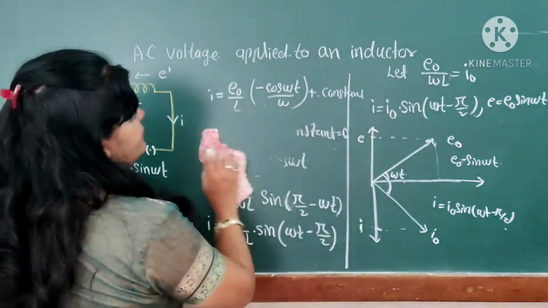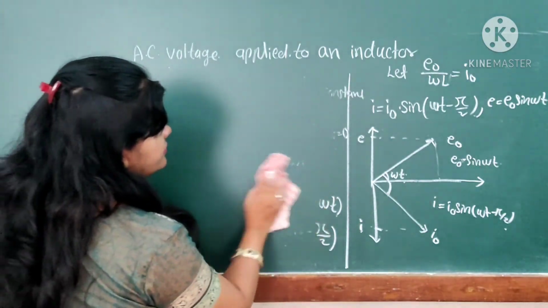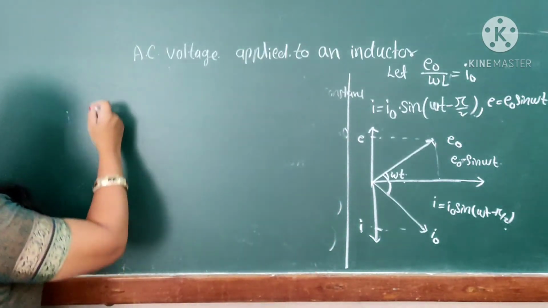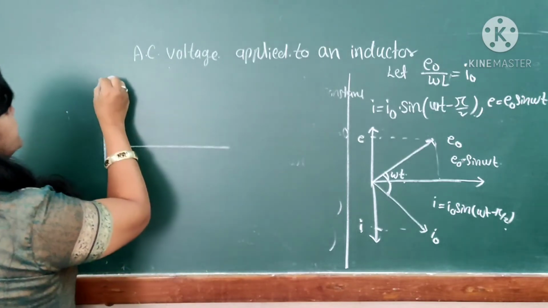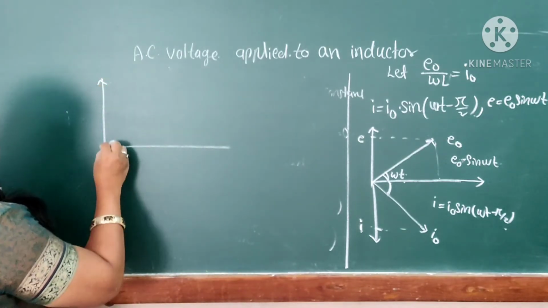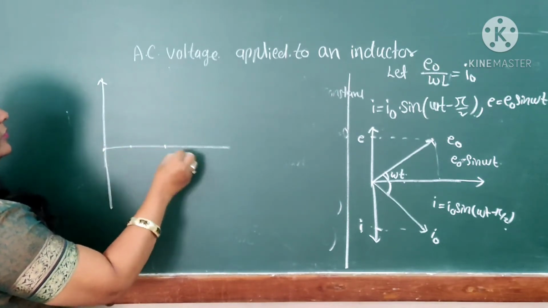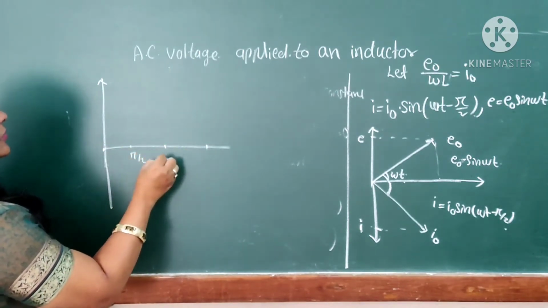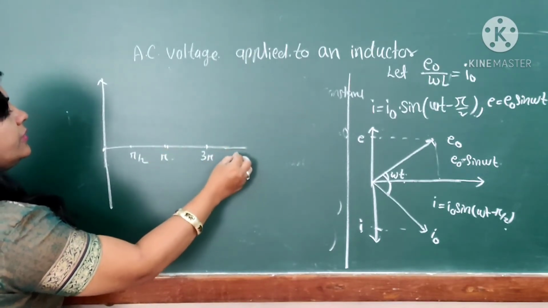Now if we want to draw the graph of it, we again consider the x-axis and then the y-axis. Here it will start from the EMF, with marks at pi by 2, pi, 3 pi by 2, 2 pi.